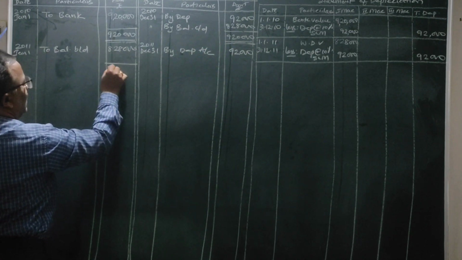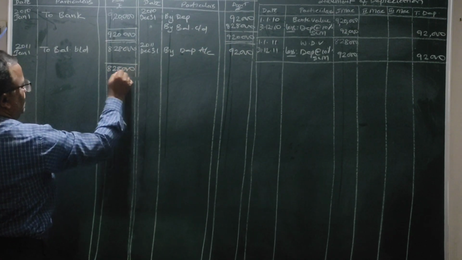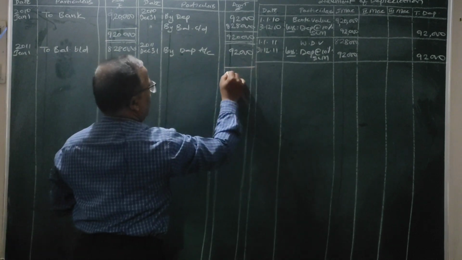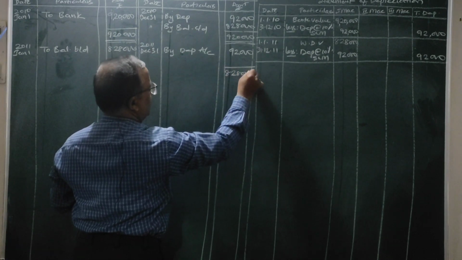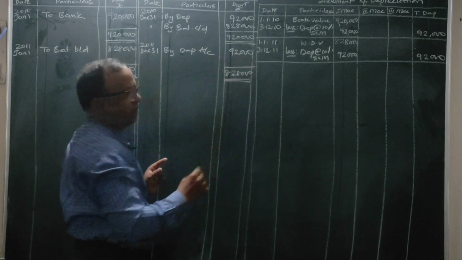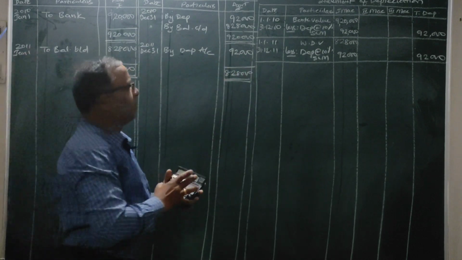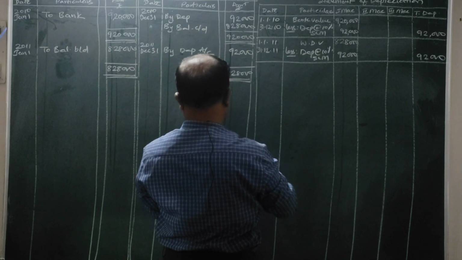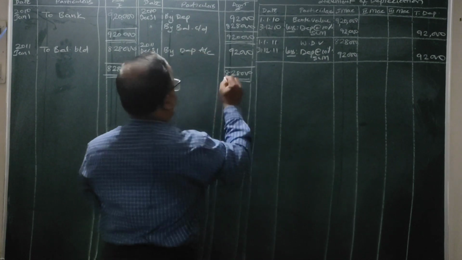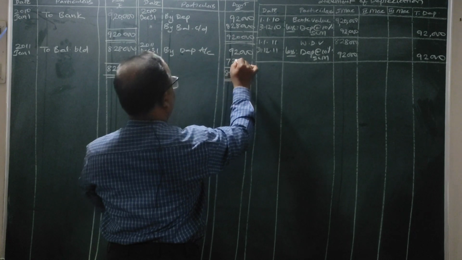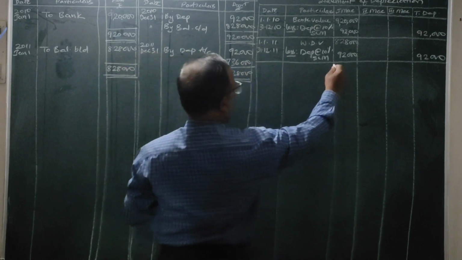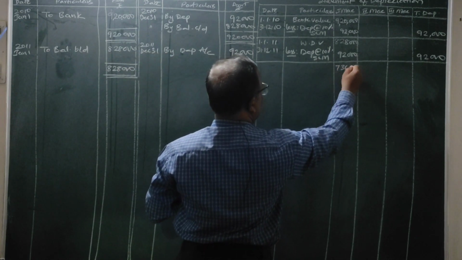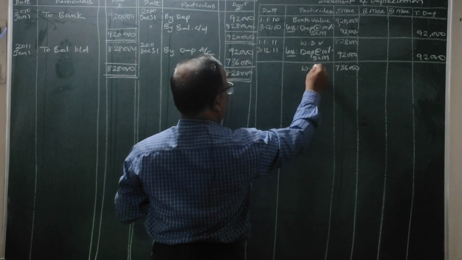Balance this, 8,28,000. Now from 8,28,000, if you subtract 92,000, how much will it be? It will be 7,36,000, which is nothing but what we are going to write here. This will be our WDV.